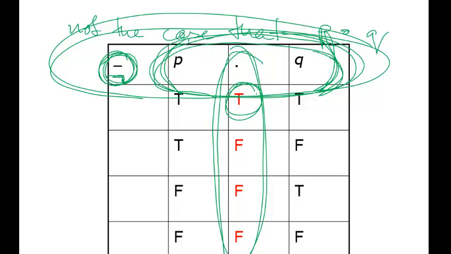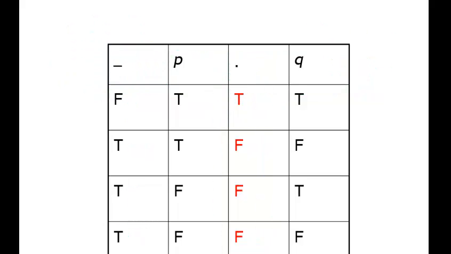And you can probably tell that for every time you've got a T, you'll get an F, and every time you get an F, you get a T. So you've got false, true, true, true.